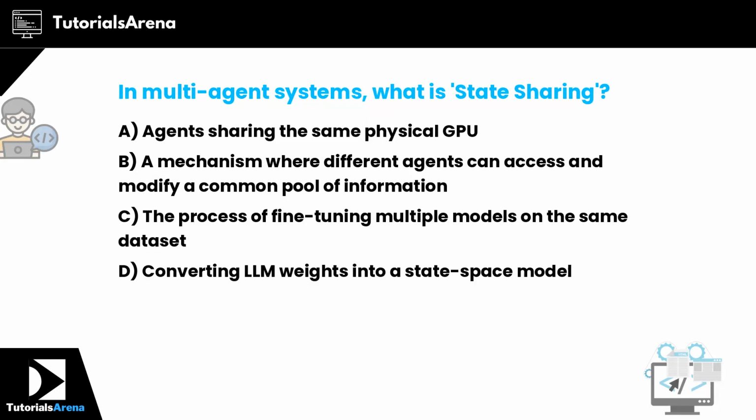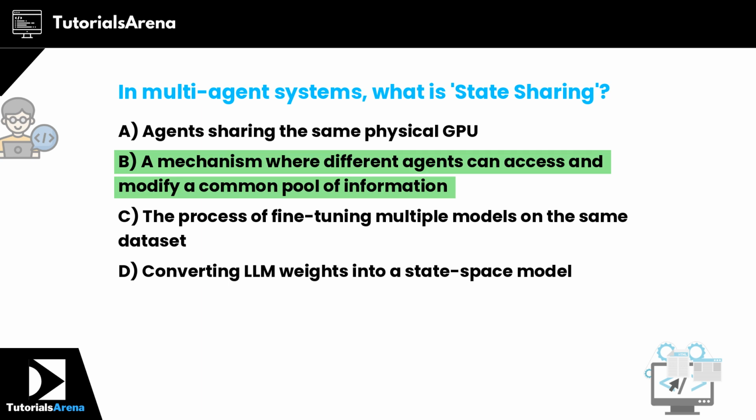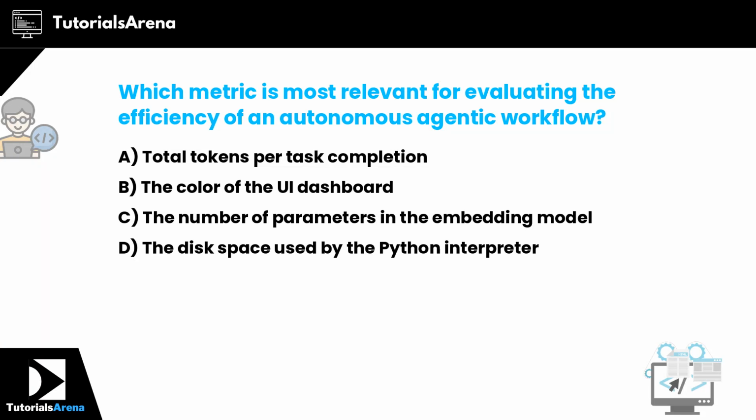In multi-agent systems, what is state sharing? The correct answer is option B, a mechanism where different agents can access and modify a common pool of information. Which metric is most relevant for evaluating the efficiency of an autonomous agentic workflow?